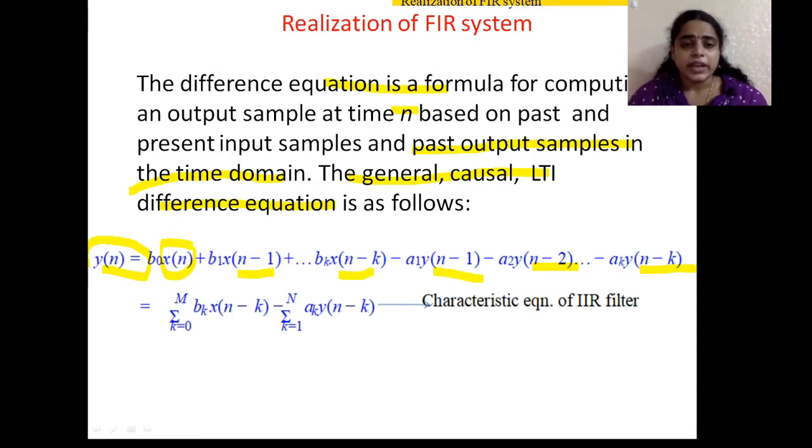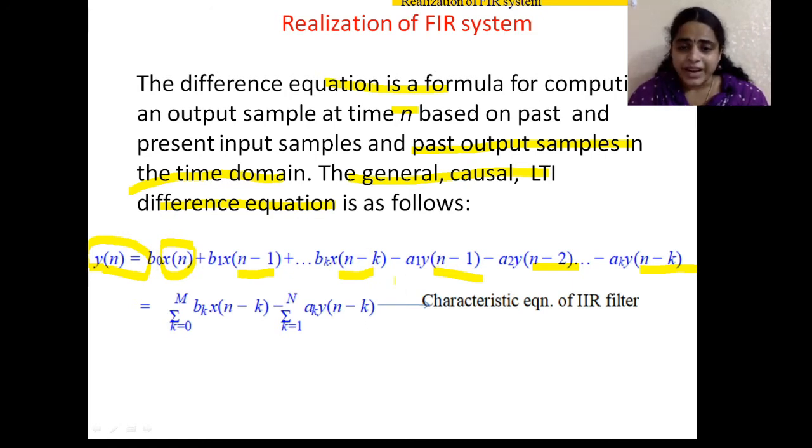So a characteristic equation is defined for the present state. Our intention is to find out our present state output. For that, present state output is equal to some coefficient into present state input plus coefficient into past state input, and so on, plus the summation of all past state inputs with their corresponding coefficients. Here we have taken b naught, b1, b2, b3 and so on, bk.